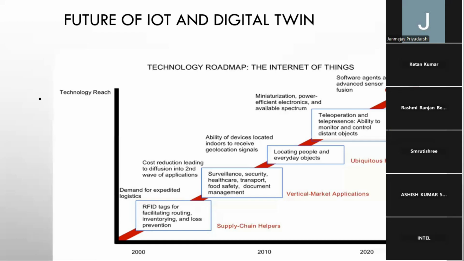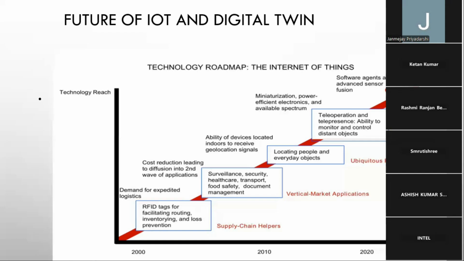Then slowly the process increased and we captured videos and had image processing information, and we use those for surveillance, security, healthcare, transport, food safety, and document management. All these things are happening.